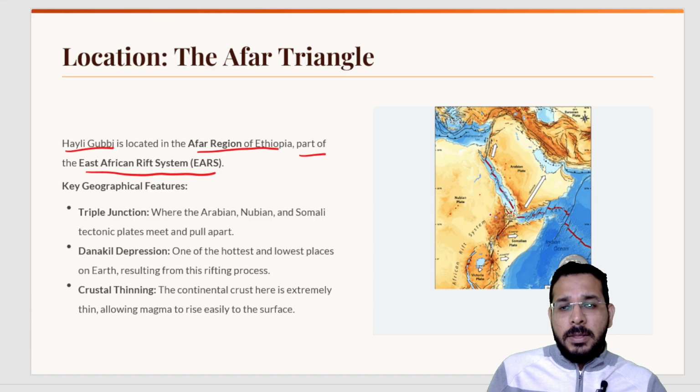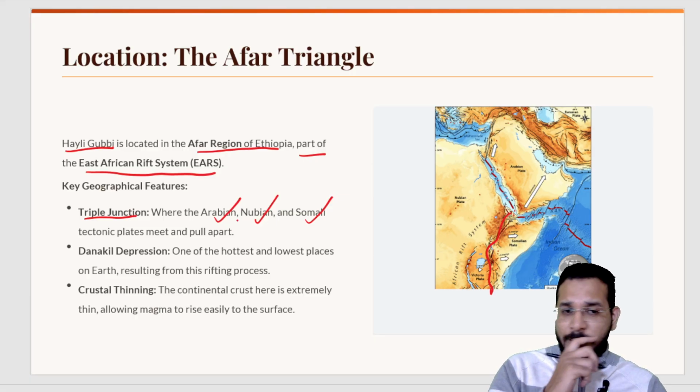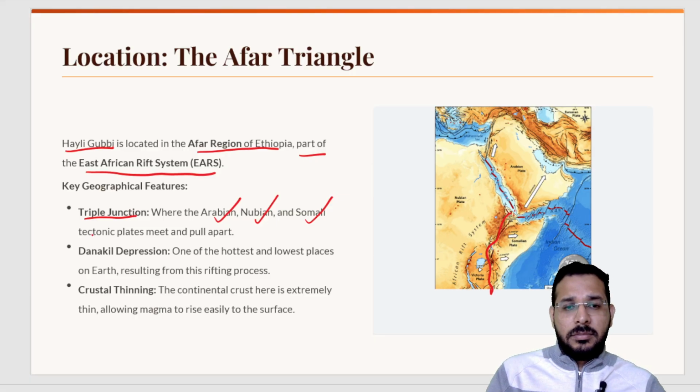This is at the triple junction where the Arabian plate, Nubian plate, and Somali tectonic plates meet and pull apart. So there are divergent and convergent plate boundaries over here. Because of the divergent plate boundaries, this impact has been seen.